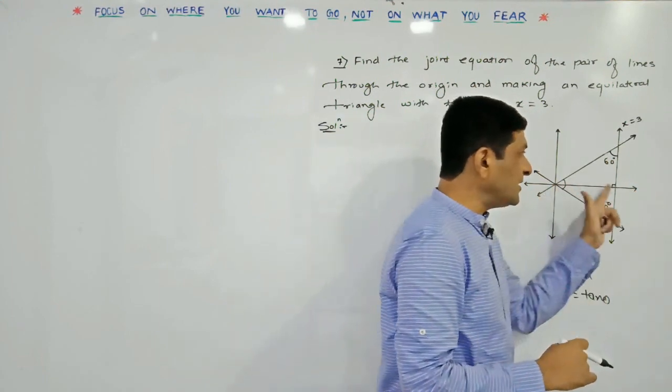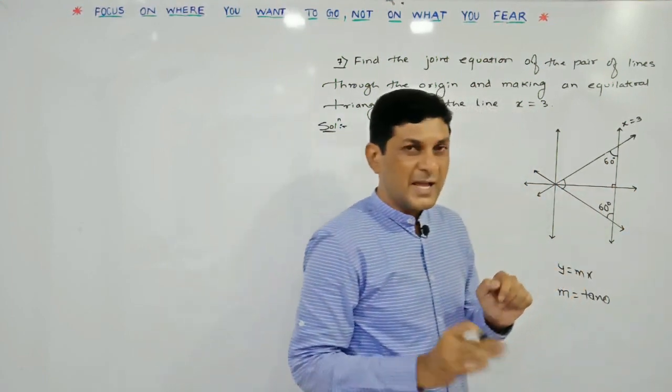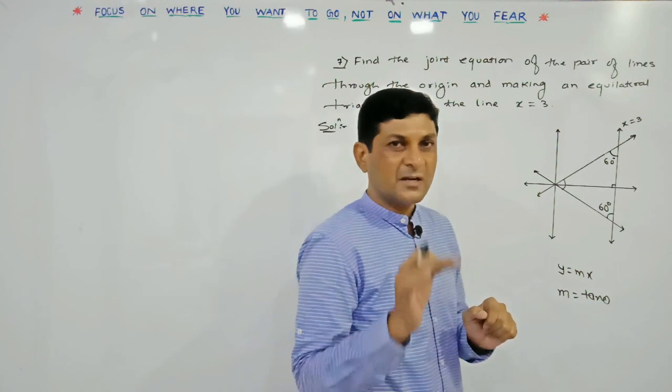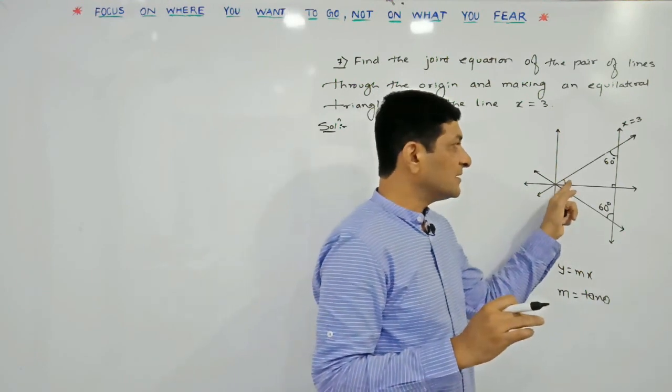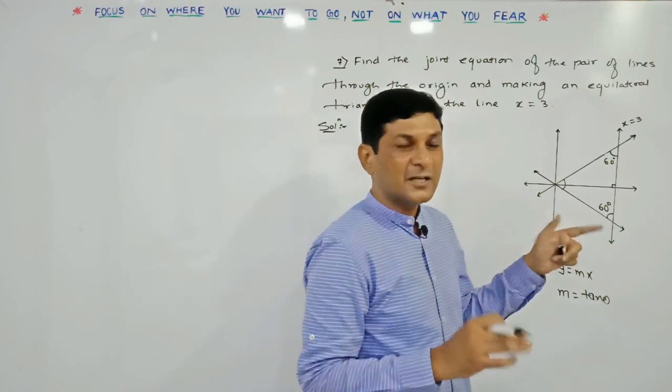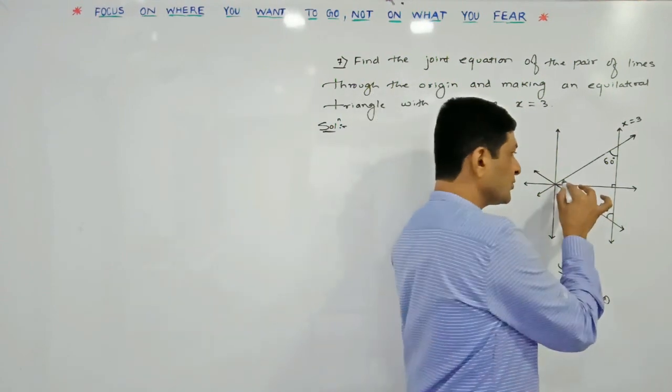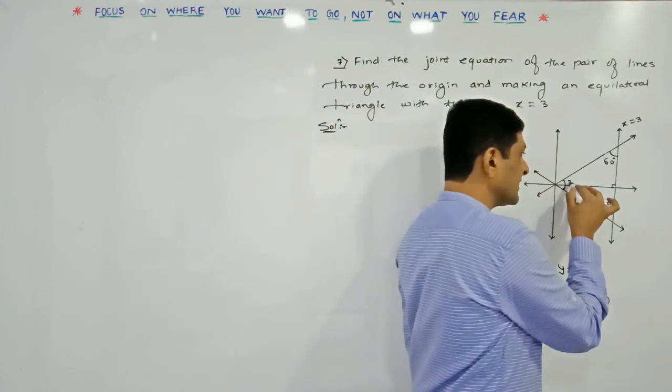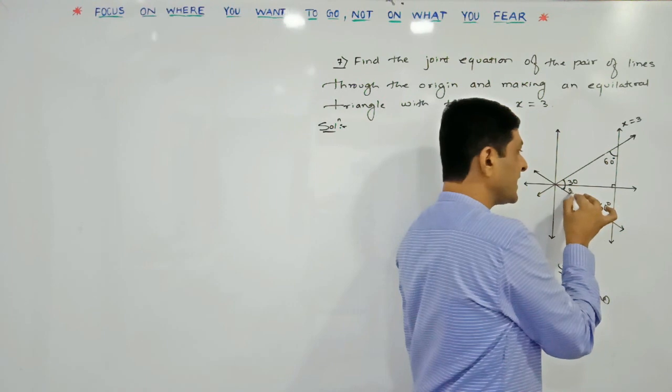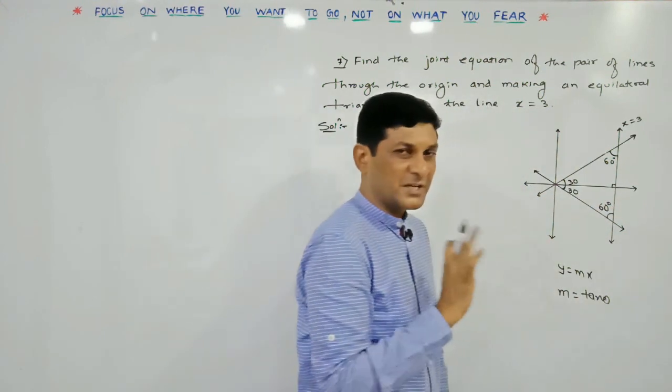This will be the altitude of this equilateral triangle, and we know that the altitude bisects the angle of the equilateral triangle. So this whole angle is 60 degrees, this angle is also 30 degrees and this angle is also 30 degrees.